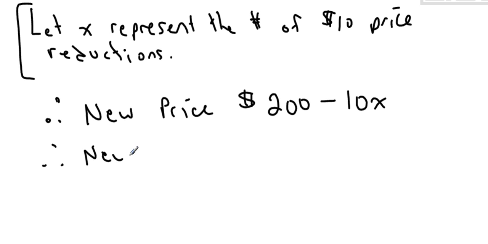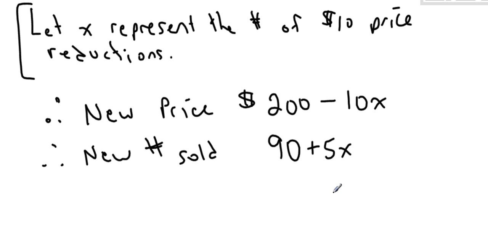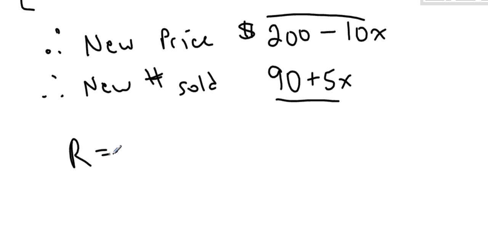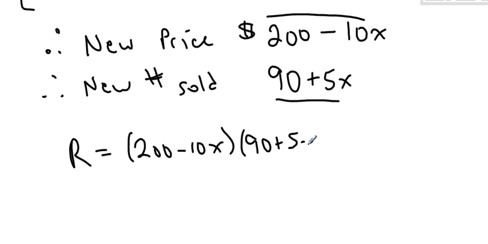And the new number of jackets sold: originally I sold 90, but for every X, I'm going to sell 5 more. So I'm going to sell this many jackets at this price. So therefore, what's my revenue? My revenue is selling price times number sold. And there's my equation. I want to maximize this equation.